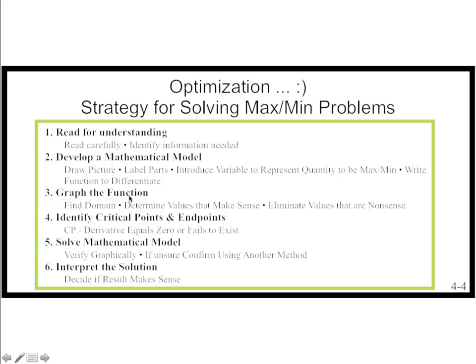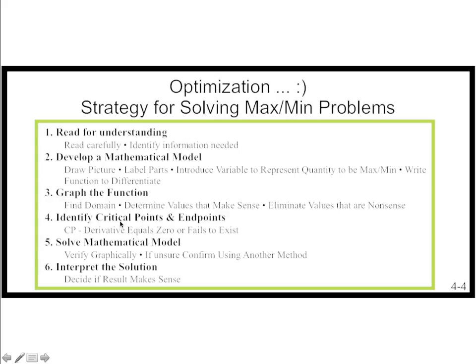Then we want to graph the function, so we want to get a sketch of that in the appropriate domain, keep values that make sense, and get rid of values that don't make sense. I'll elaborate more about that as we go through. Identify critical points. Remember from the last section, critical points are those points where the derivative is 0 or the derivative is undefined.